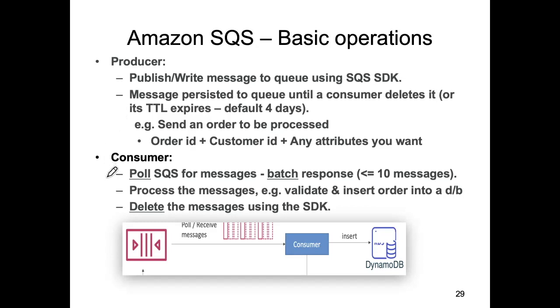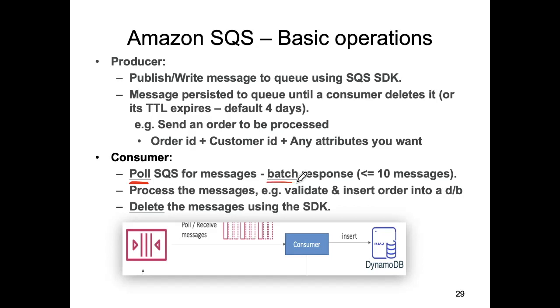On the consumer side, the way the consumer works is it's a poller, right? It essentially polls the SQS service. So it's periodically checking with the SQS service: are there any messages on the queue for me? And SQS will respond accordingly. Also, what the consumer receives is not an individual message.